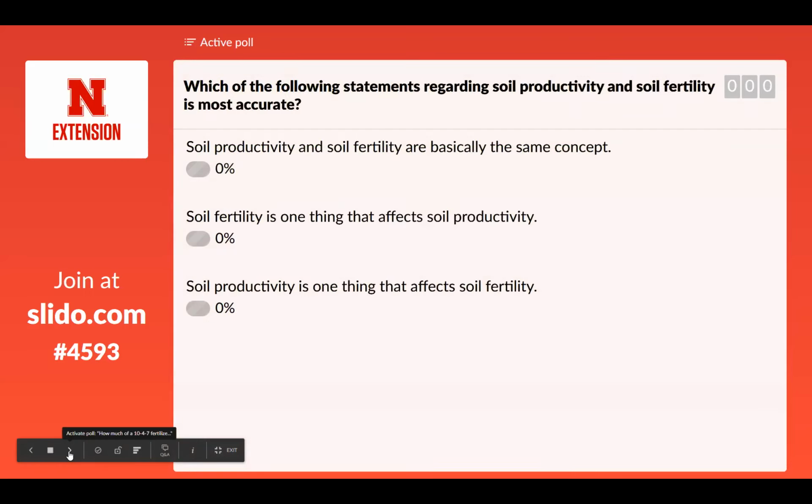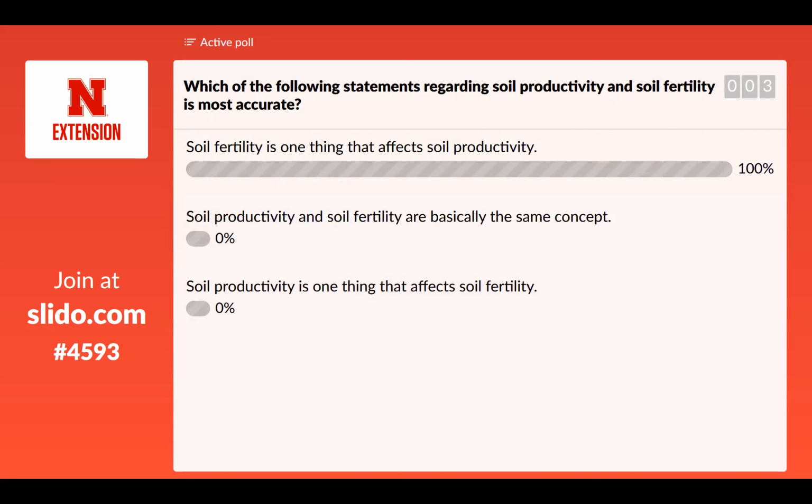Next question. Which of the following statements regarding soil productivity and soil fertility is most accurate? A little bit more to think about on this one.